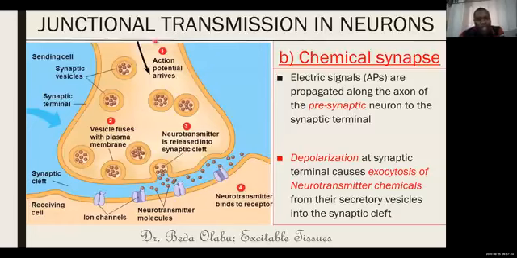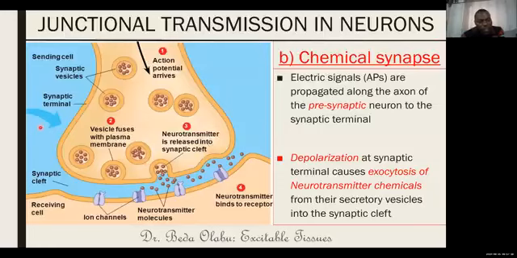Remember, when depolarization comes like this, usually it's largely sodium influx, but at the axonal terminal, we usually have voltage-gated calcium channels as well. These voltage-gated calcium channels do open when depolarization reaches here.